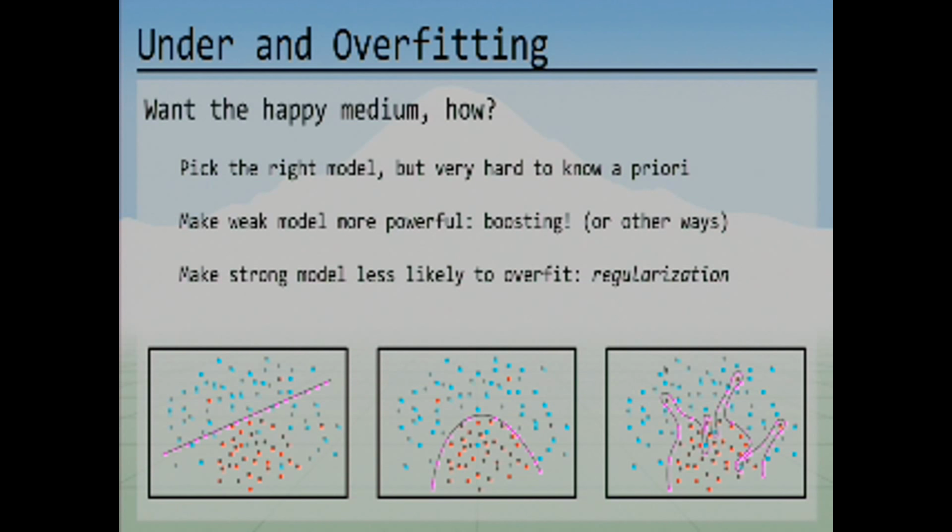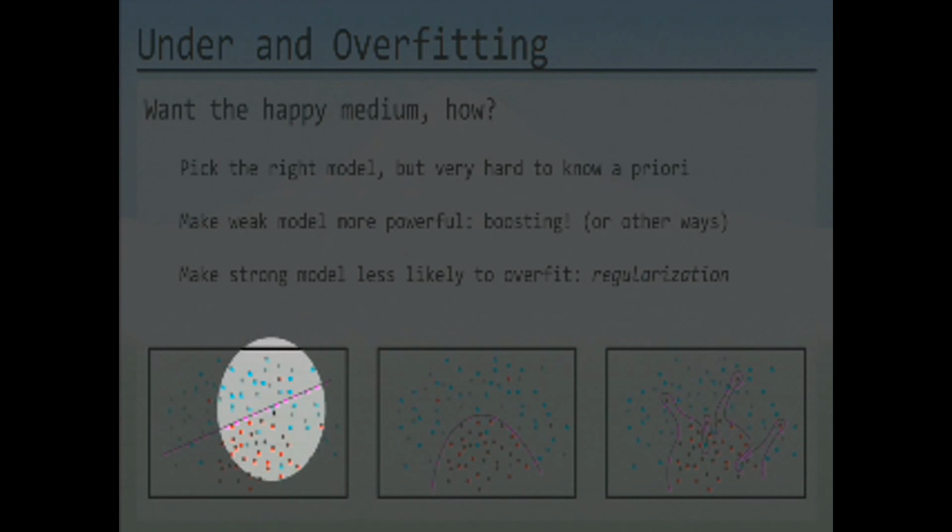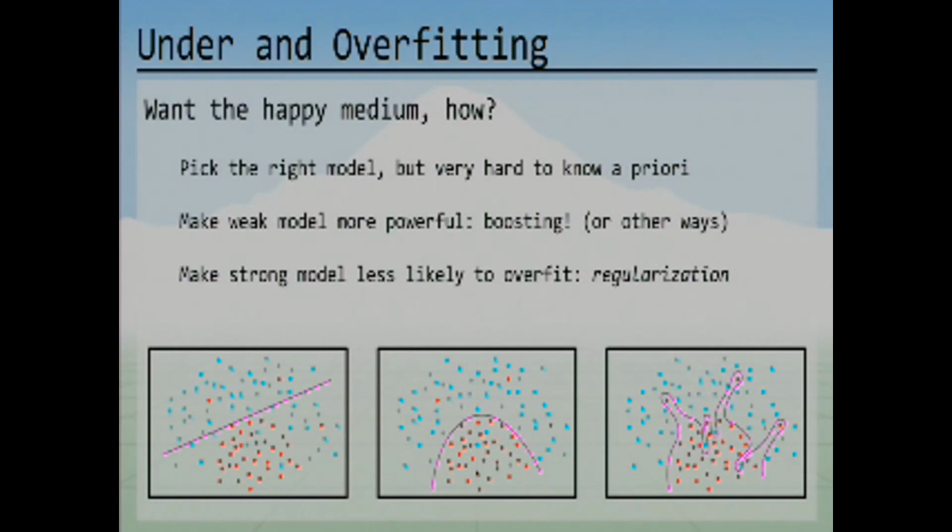Another thing that we talked about before is ways of taking a weak model and making it more powerful. If we do this, we can take this weak model and over time crank it up and make it a little bit more powerful using boosting, by adding on more and more models to this ensemble. Eventually we'll take a model that looks like this and increase its power more and more, and we'll hopefully get to something that looks like this.